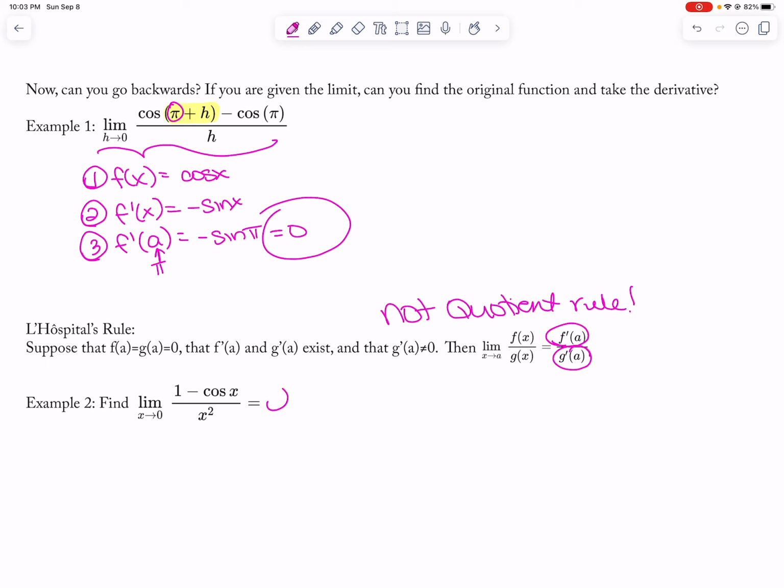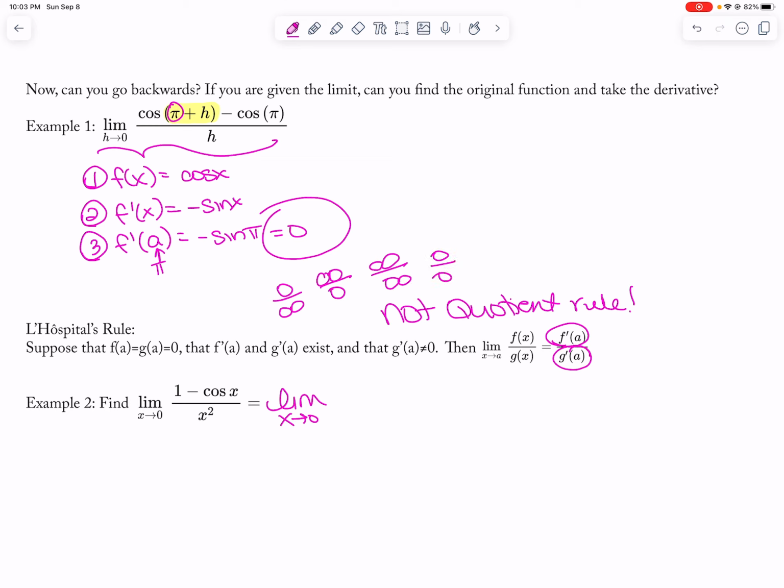Okay, so limit. And this only works when I have 0 over infinity, infinity over 0, infinity over infinity, or 0 over 0.